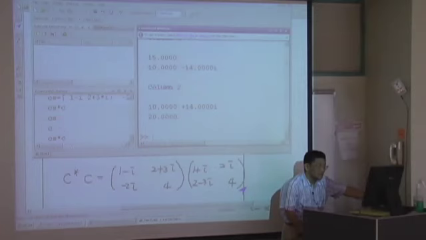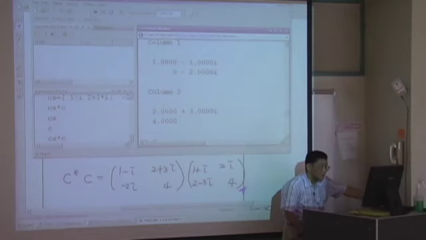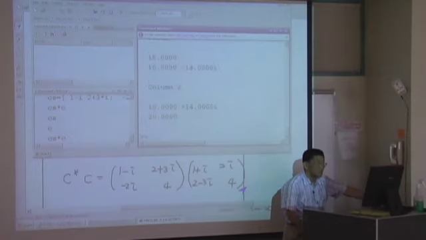C star is here: 1 minus i, negative 2i, then 2 plus 3i and 4. And C is here: 1 plus i, 2 minus 3i, and then 2i and 4. I guess this is the best we can get, right?